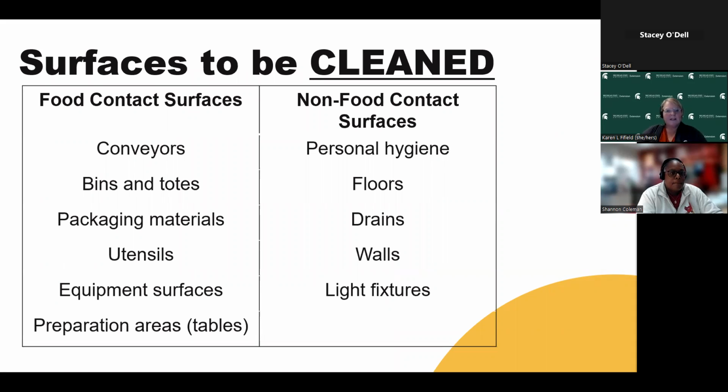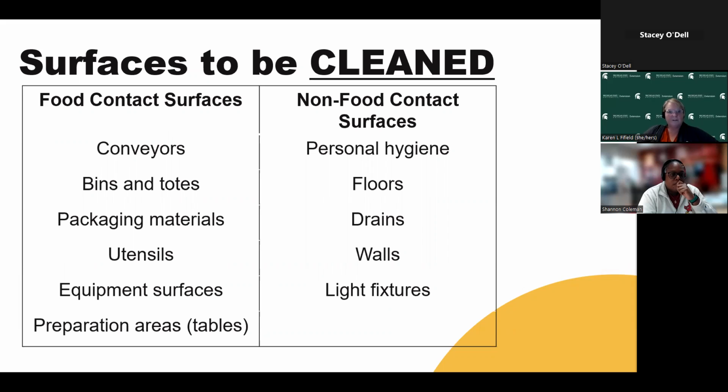So, surfaces that need to be cleaned. Listed here are some examples of food contact surfaces that should be regularly cleaned, and they include things like equipment surfaces, preparation areas such as tables, tabletops, countertops, things like that. Also conveyors. If there are conveyors that move the product along, then those need to be cleaned on a regular basis also.